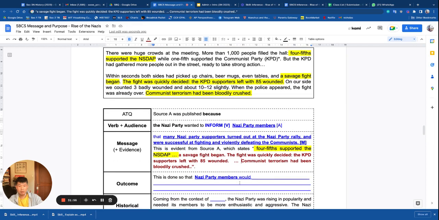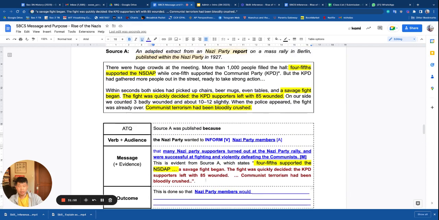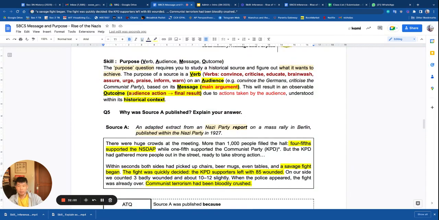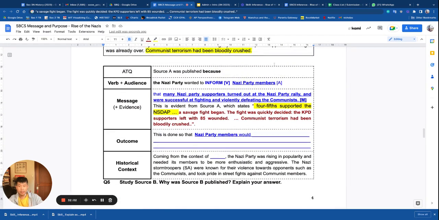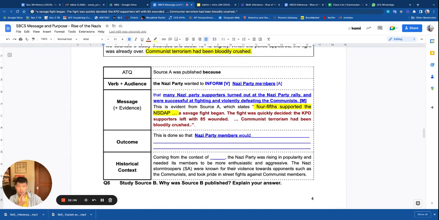And I need an action. I need an outcome. We said the outcome is an audience action, which is why, notice this, Sec 3 students, I've repeated the audience here. The reason I repeat the audience is because the audience, upon hearing this message, are going to do something.